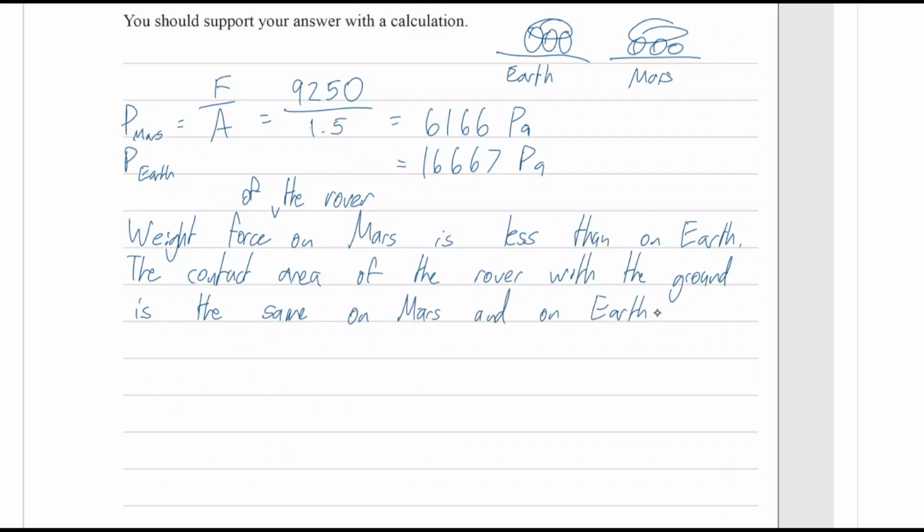Right, and that's because the rover itself doesn't change. The wheels are the same on Mars and Earth. So we've talked about the force being different and the area being the same. And now how does this relate to pressure, and then therefore how deep it sinks into the soil?